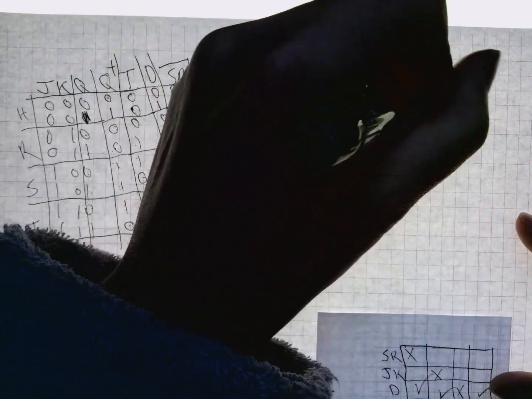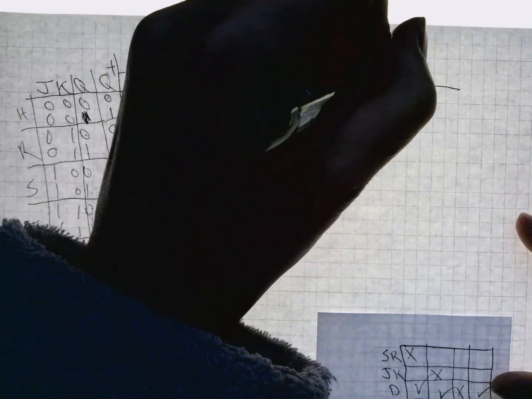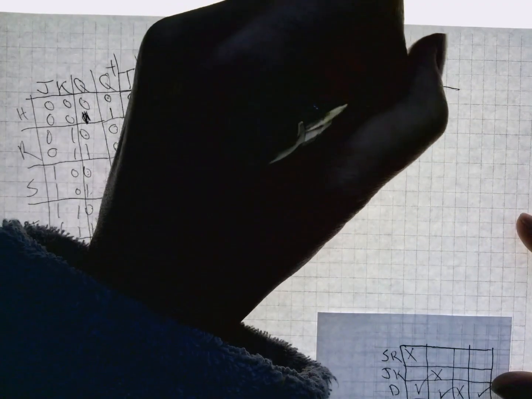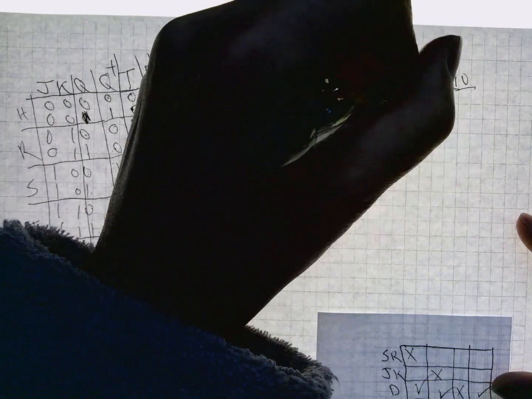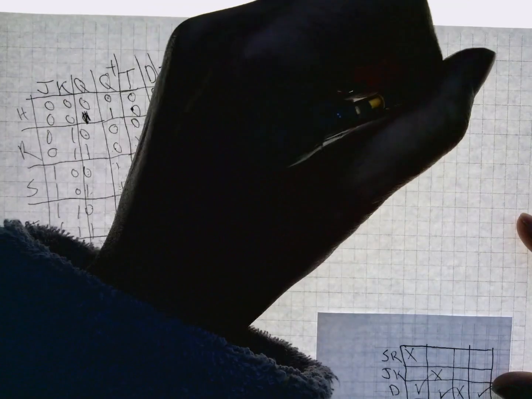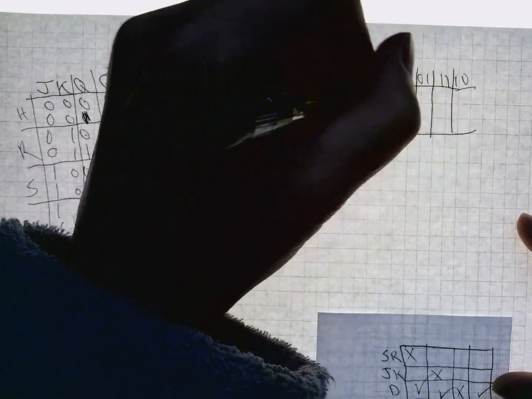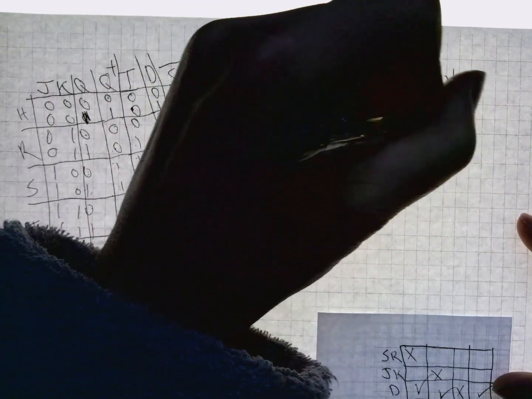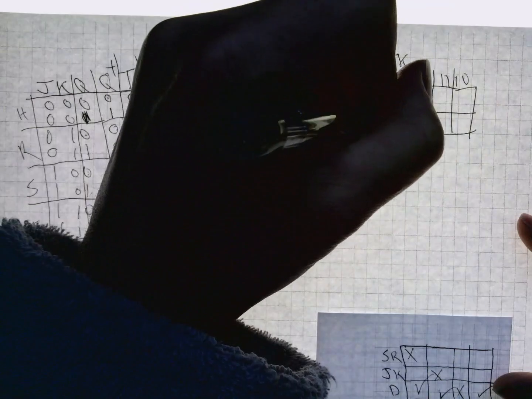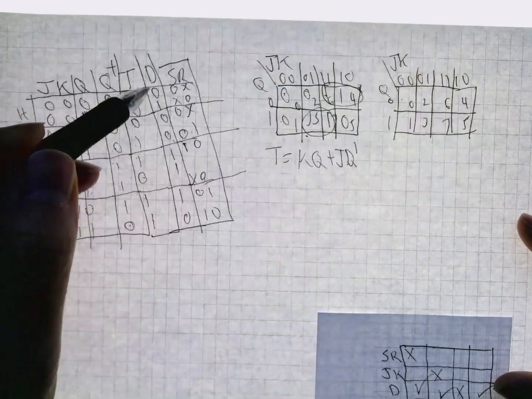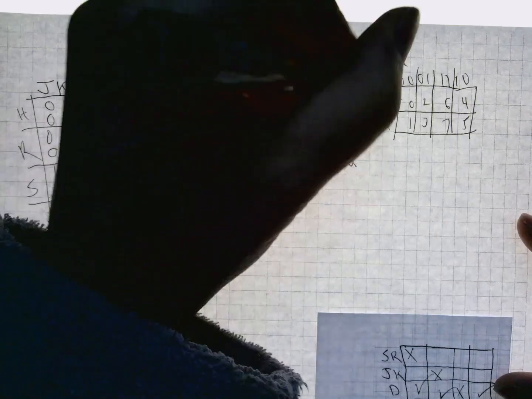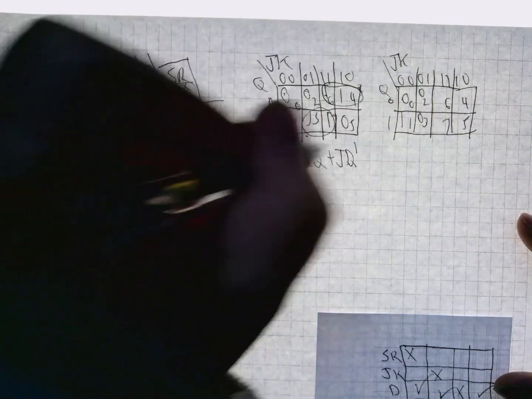So now you've got a mechanism in place whereby you can proceed and do all of the other flip-flops. Let's try and do the D. And we'll go through the D. 0, 1, 0, 0. 1, 1, 1, 0.